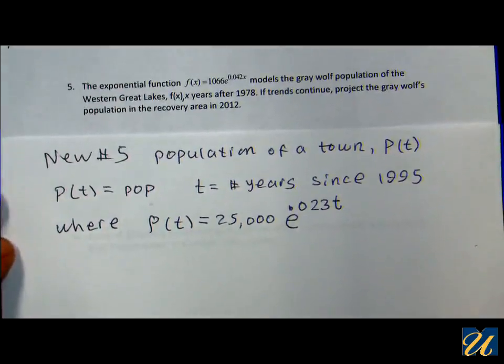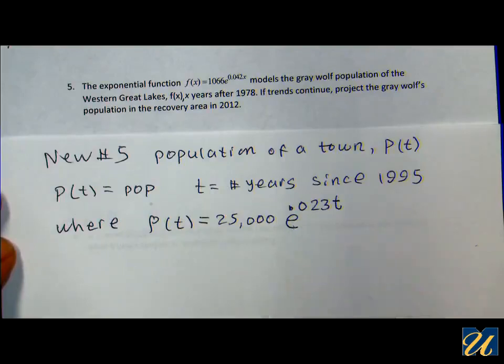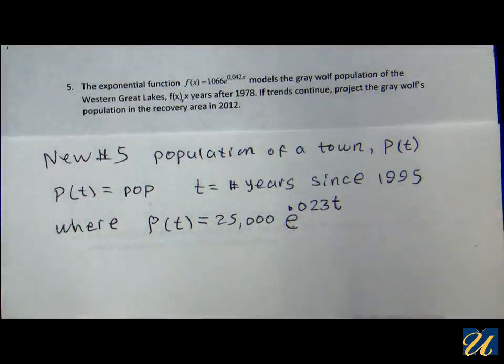So this is a continuous exponential model, and often the reason why is that populations, well, at any given instant, humans are being born and humans die, and so that is a continual change in the population. The e exponential models continuous change, continuous growth, continuous decrease. So often with populations, or even money, the e exponential function is used.